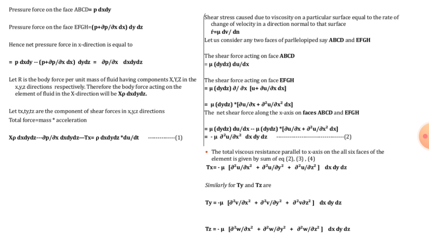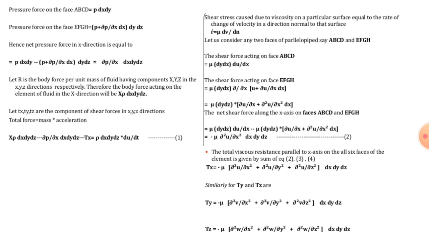Hence, the net pressure force in the x direction is equal to P dy dz − (P + ∂P/∂x dx) dy dz, which is equal to −∂P/∂x dx dy dz.